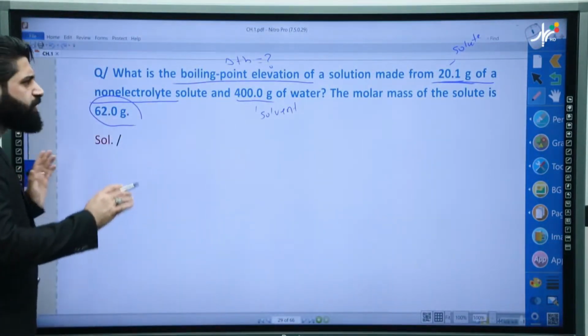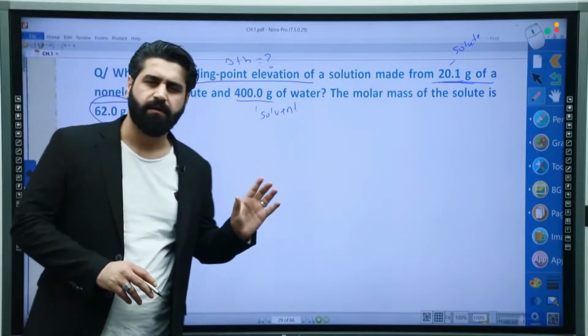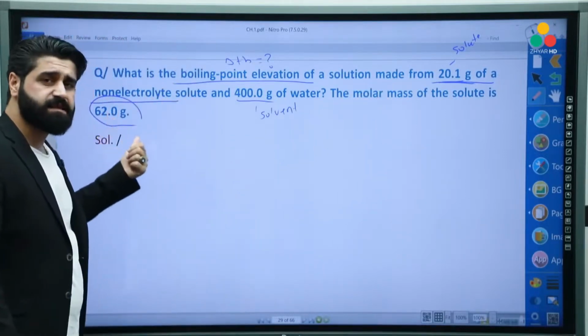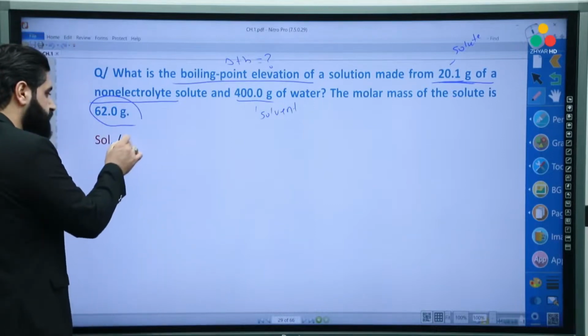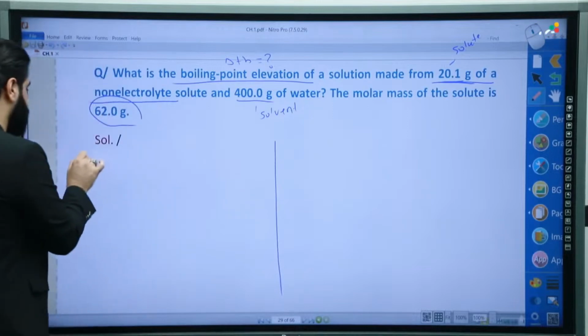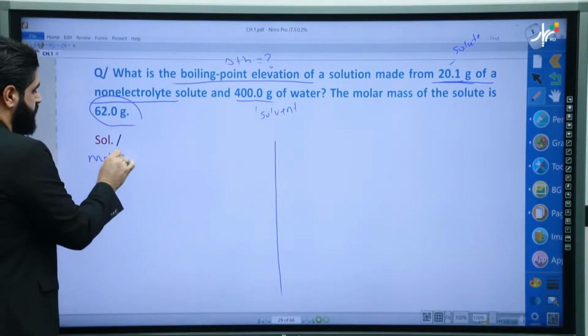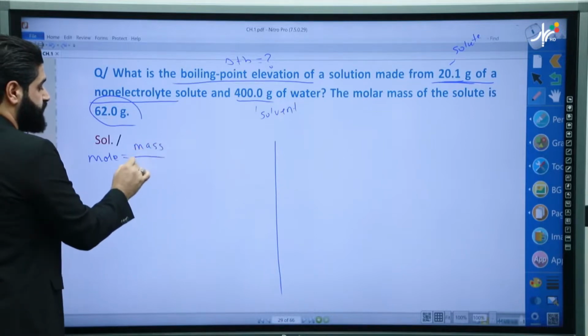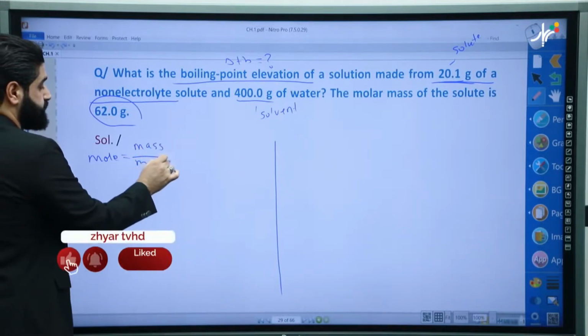Firstly, before finishing reading the question, immediately convert gram of solute using molar mass into number of mole. Mole equals mass over molar mass.